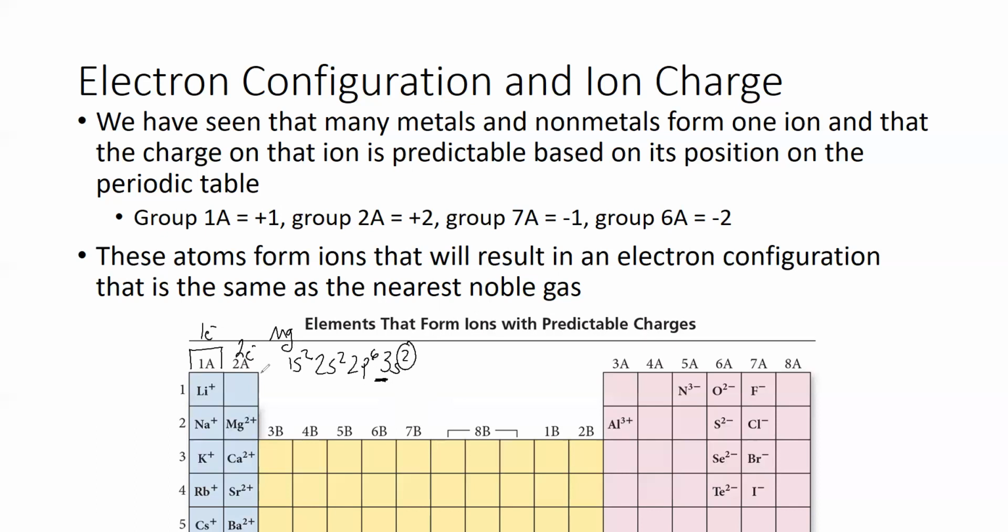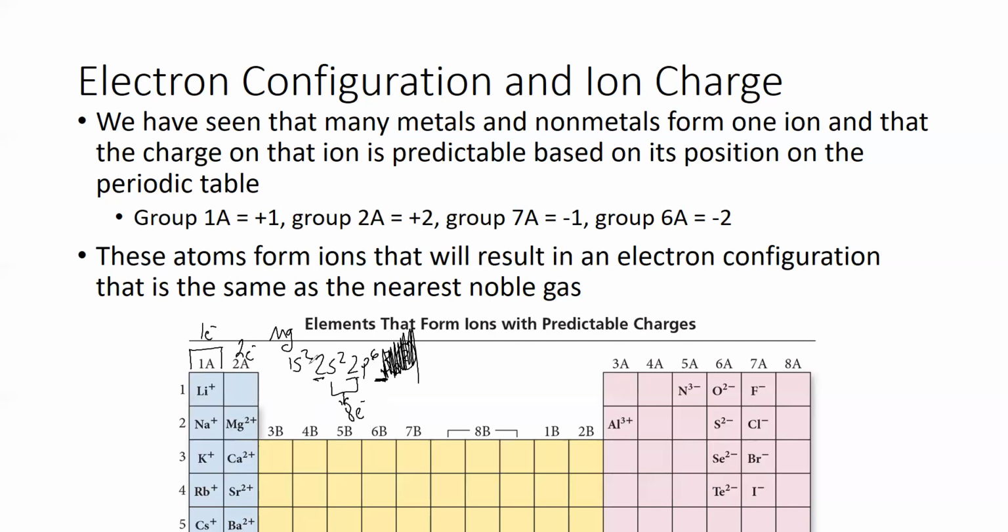Let's imagine I lost those 2 electrons. Now my highest energy level is 2, and I have 2 + 6, 8 electrons in that orbital now. So magnesium's happy. That's why these metals always lose 2 electrons and become +2 cations. Remember, cations are positive.